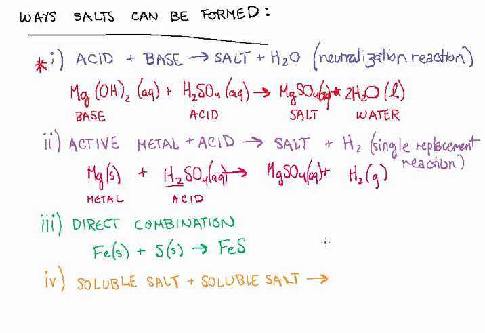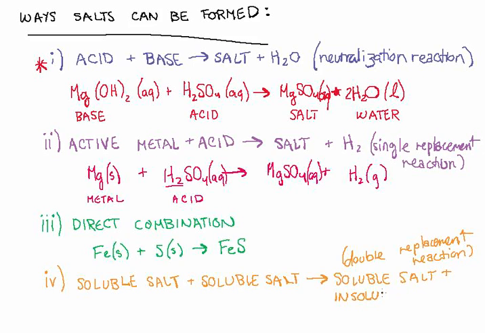Essentially, this ends up being another double replacement reaction that ends up leaving you with one salt that's still soluble and one insoluble salt that's going to essentially drop out of the solution as a precipitate.